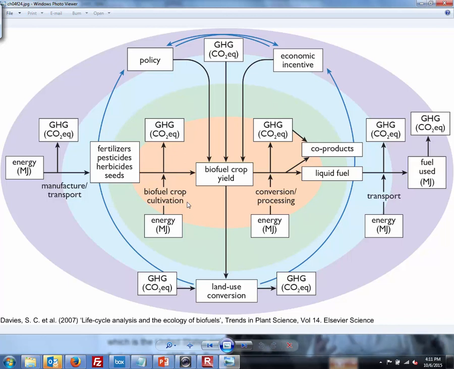And in my mind, you look at this thing, and it's a representation of the first law of thermodynamics. Energy and matter are not created or destroyed, and in every case here, one process is feeding another one. So all of the different things we've been talking about up to this point have some outlet. These are the tough ones, the policy and the economic incentive.